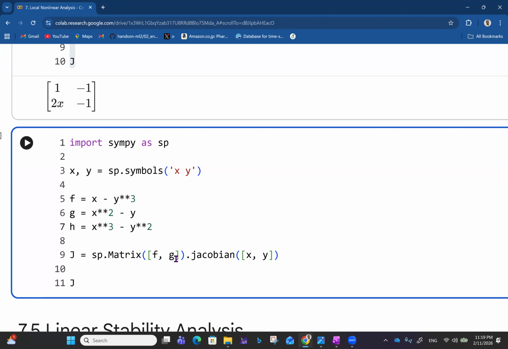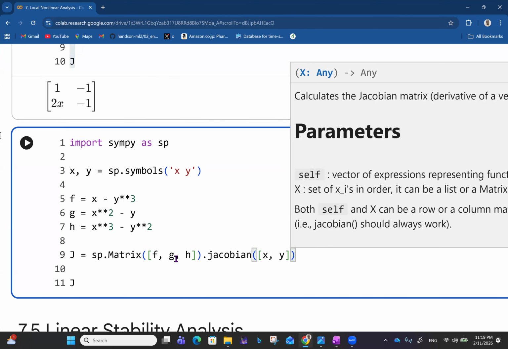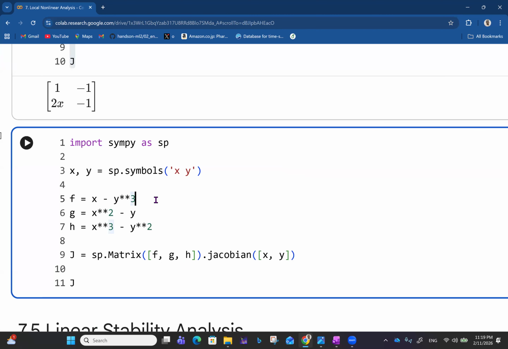And then I now want to have f, g, h in three variables. Now this will be x, y. Aha, I can even throw z into it. So plus z, and then this is minus z raised to power 2.